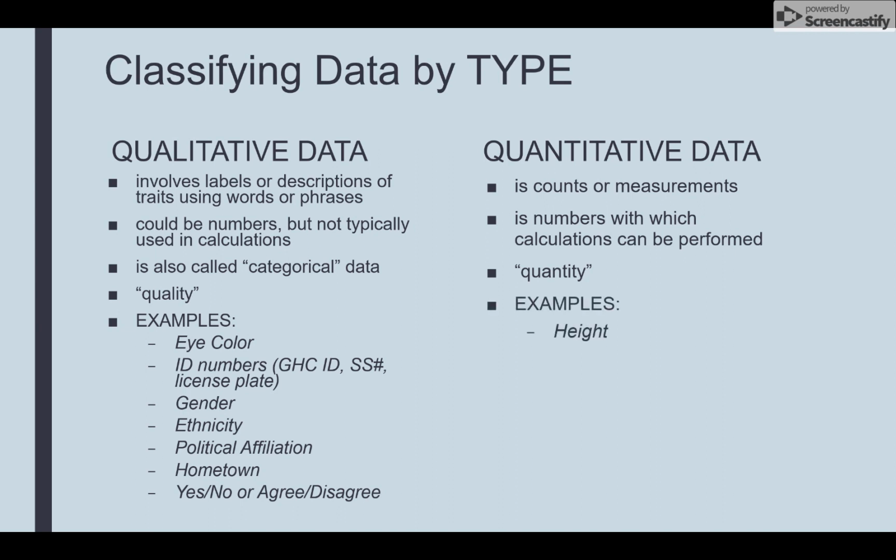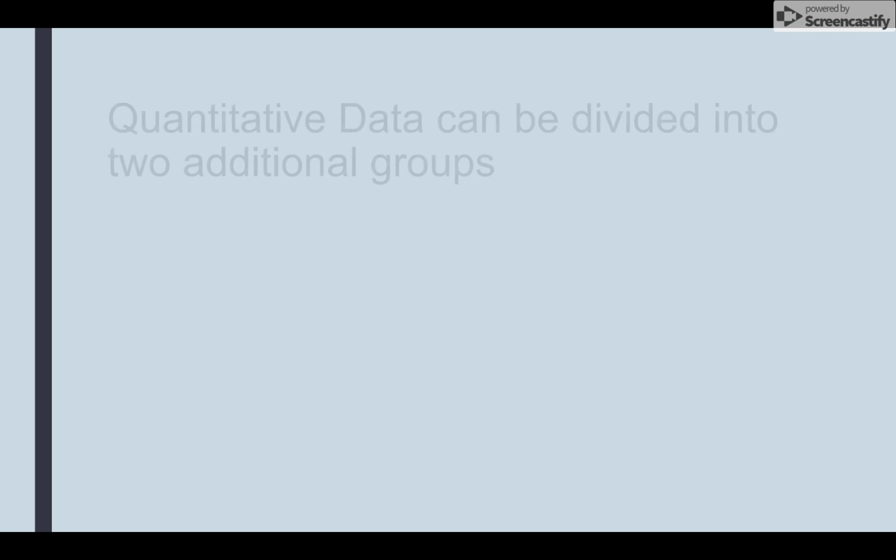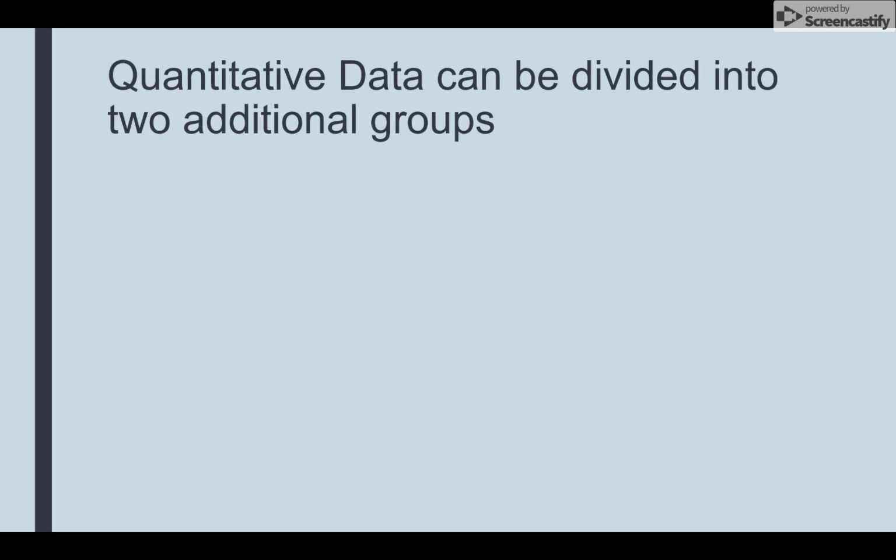Some examples might be things like height, weight, age, pulse rate, amount of rain, exam scores, and temperature. Quantitative data, if you have numbers, can be broken down into two additional groups. Quantitative data can be either discrete or continuous.